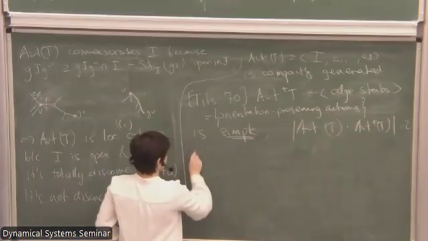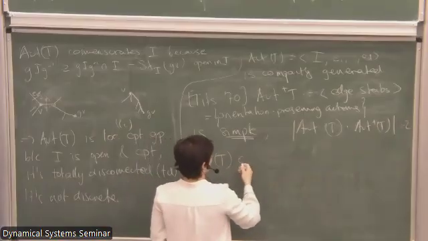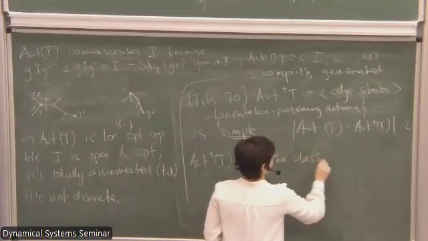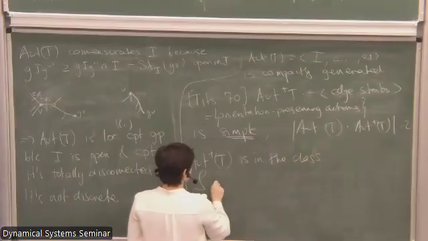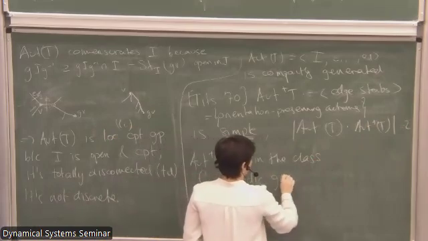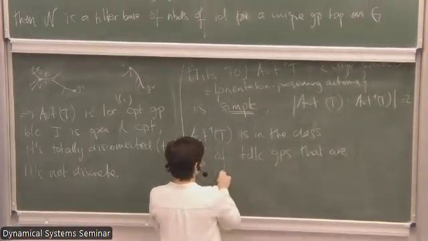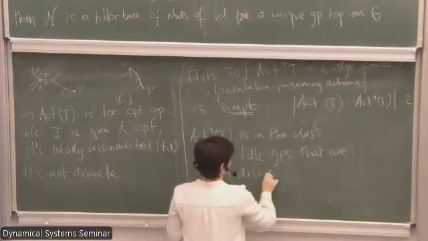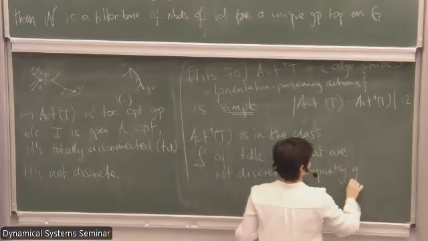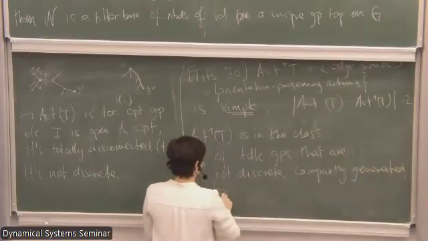Okay, so OT plus, rather, is in the class curly S of TDLC groups that are not discrete, compactly generated, and topologically simple.